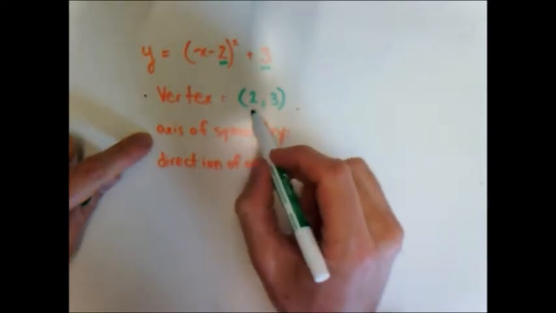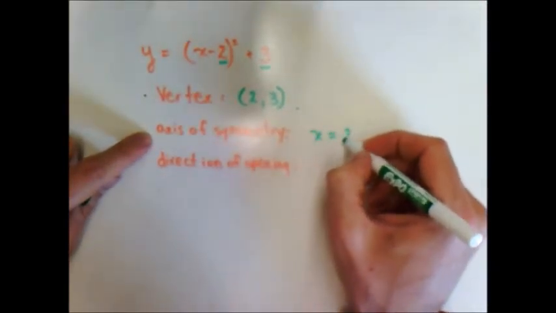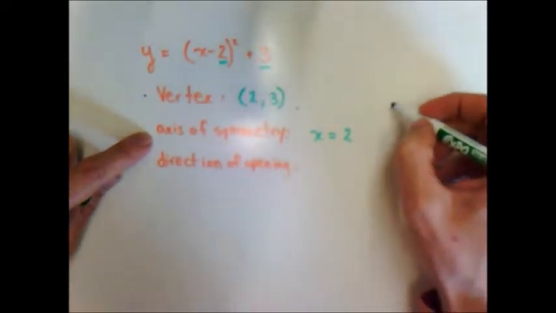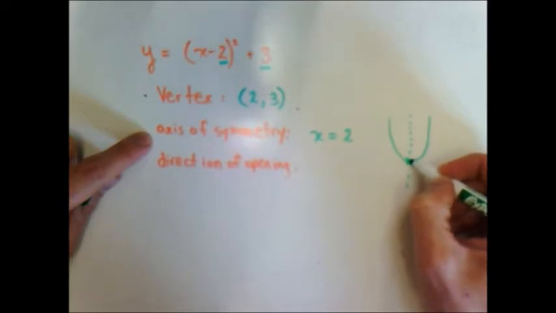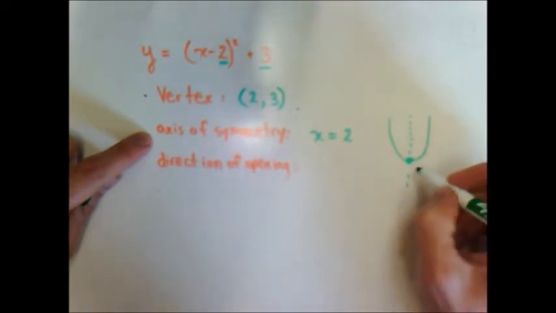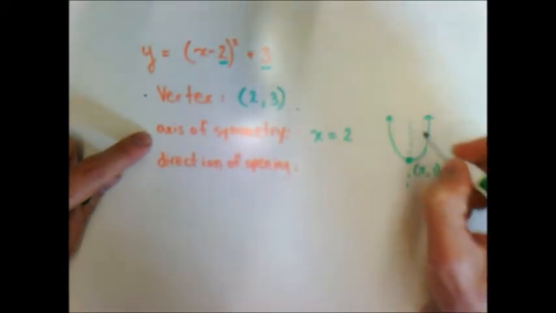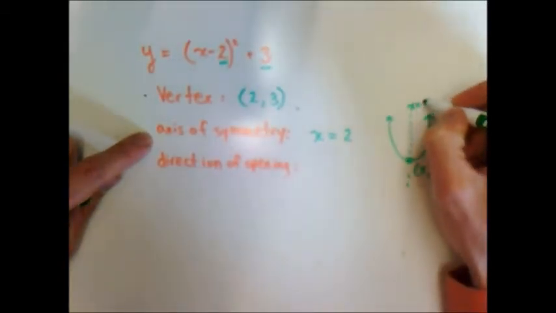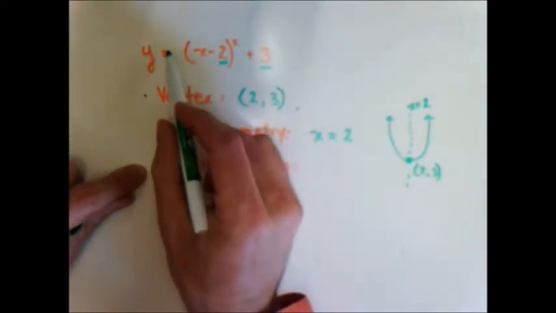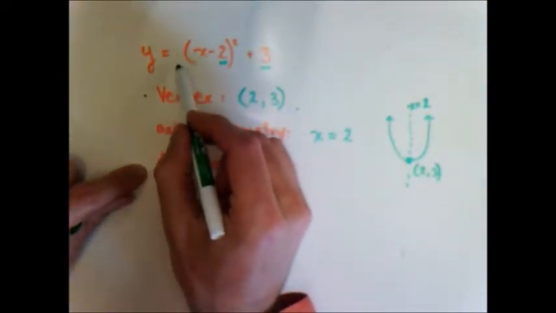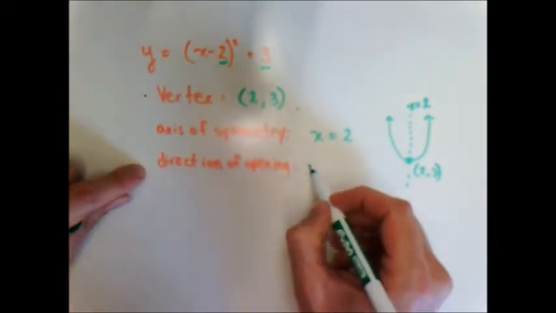So the vertex is at x equals 2, so the line of symmetry must be x equals 2. Again, that's the line that goes right down the middle, crosses through the vertex, and since our vertex is at 2, 3, our axis of symmetry must be x equals 2. Direction of opening, I look in front of my brackets here, my squared binomial. Coefficient a is positive, it's positive 1, so this opens up.